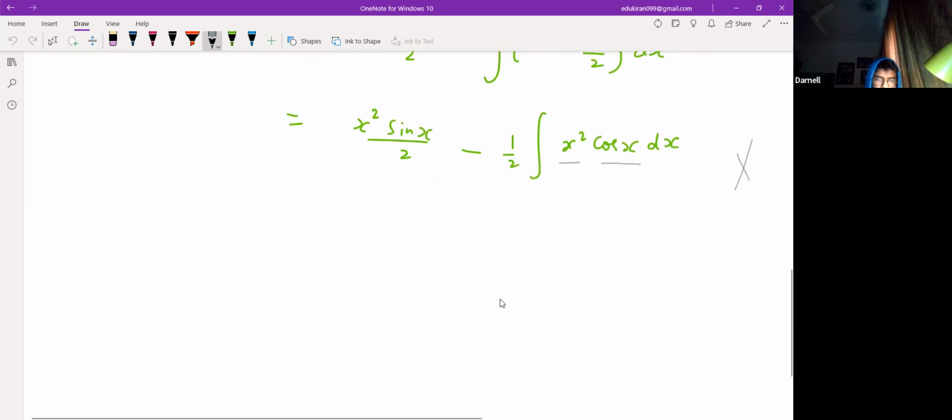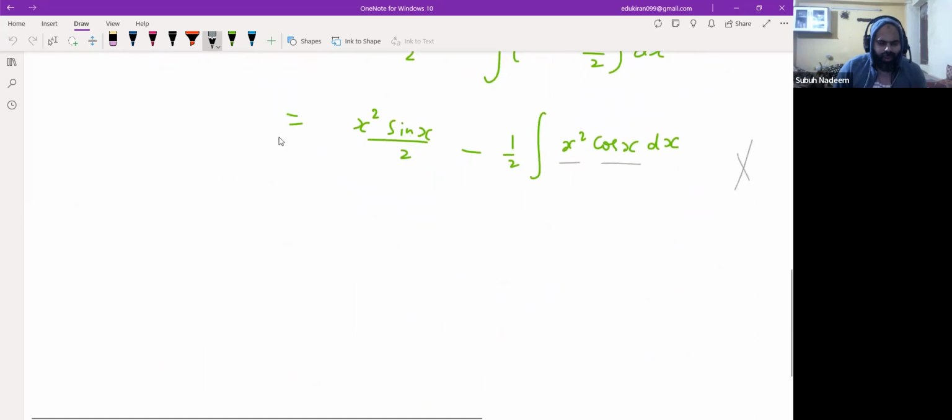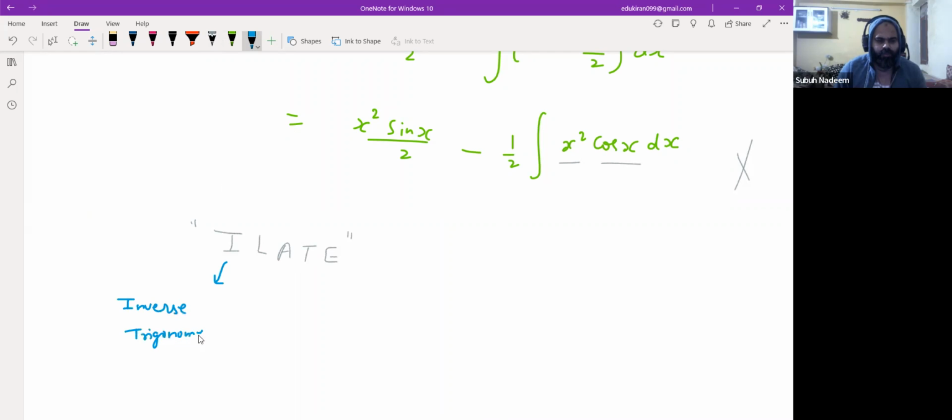Okay. So there is a rule called ILATE. In most cases, this rule is applicable. In some exceptional cases, you may have to do something else, but generally you have to apply this rule. I stands for inverse trigonometric function.